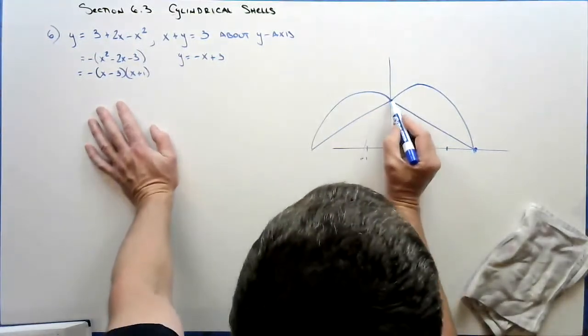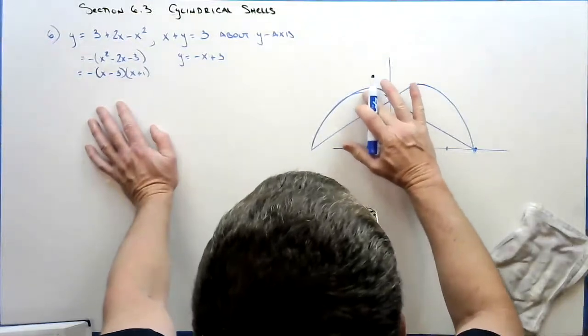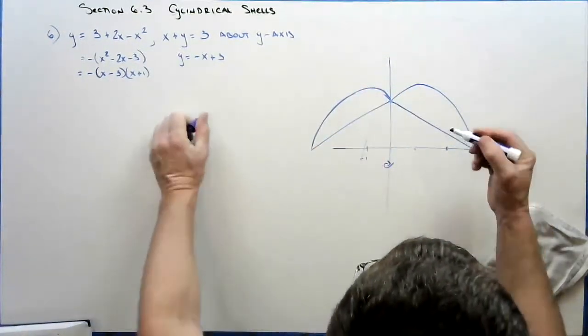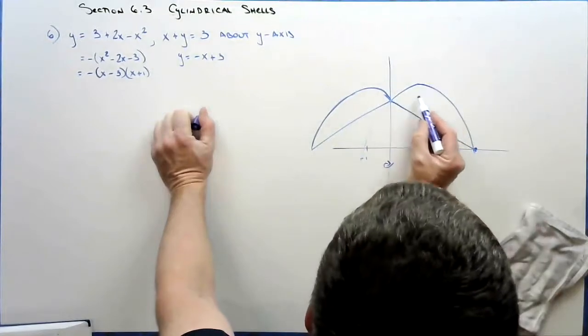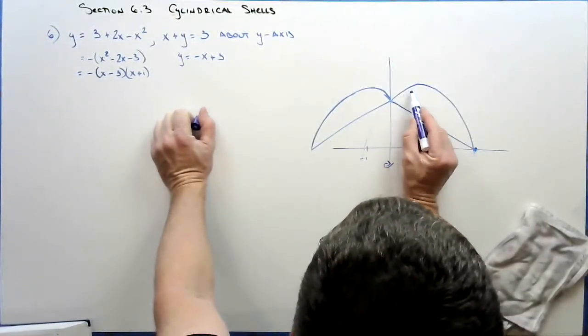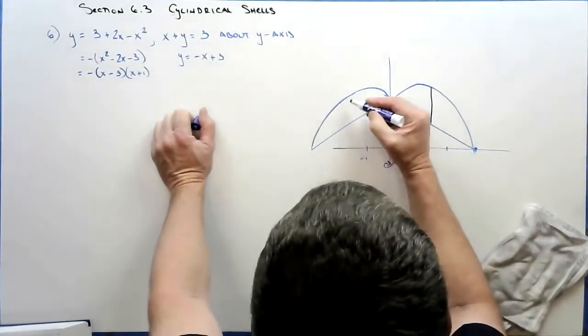And they want us to use cylindrical shells, right? That's what they asked us to use, shells. So we make our hypothetical slice. If we slice this way, it would be washers, and we would have to go function to function here. But if we do shells, then we're going vertically.